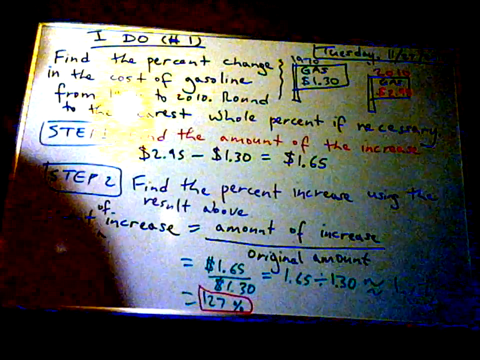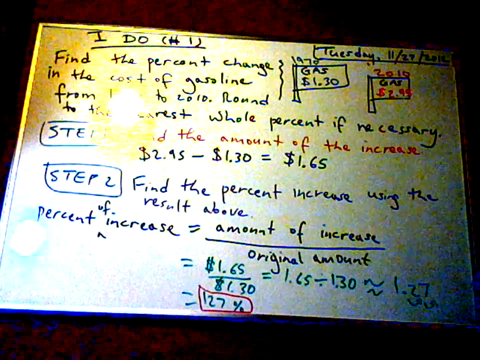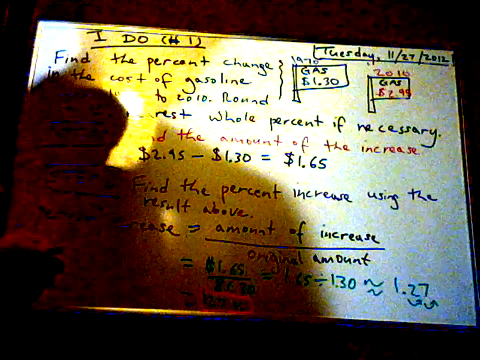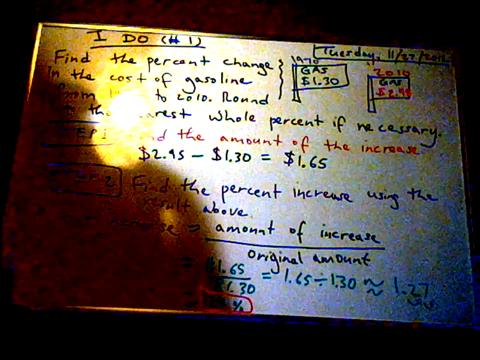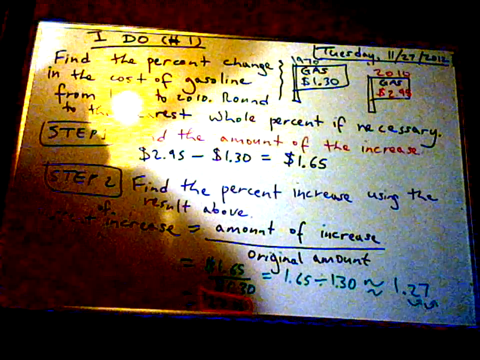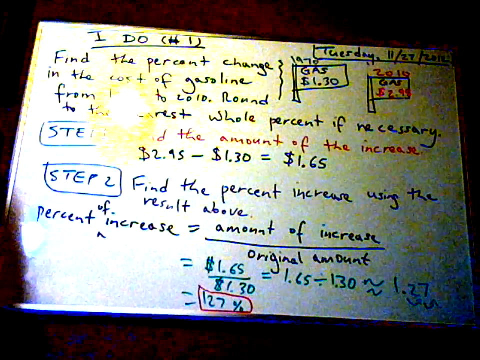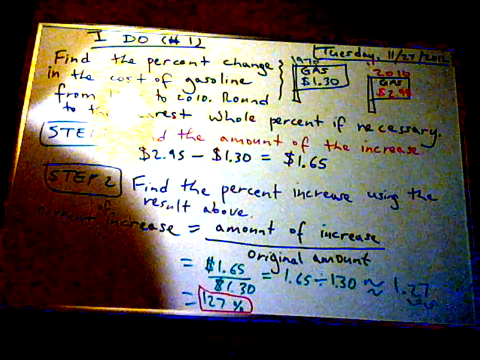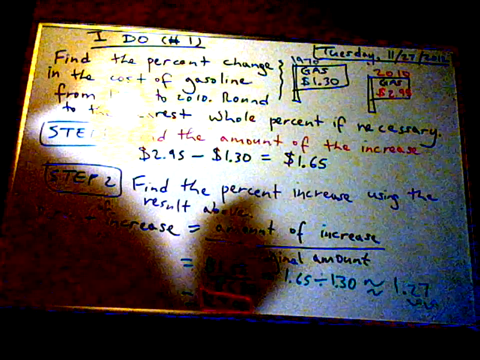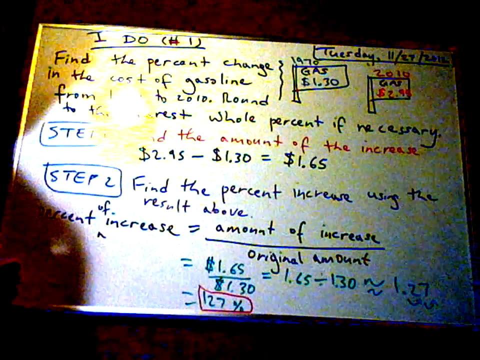Percent of increase is equal to amount of increase over the original amount, right? And what we get is we have $1.65 divided by $1.30, which just becomes the same as 1.65 divided by 1.30, which gives us approximately 1.27, which we convert to percent by moving the decimal point 2 places to the right, or by multiplying by 100.